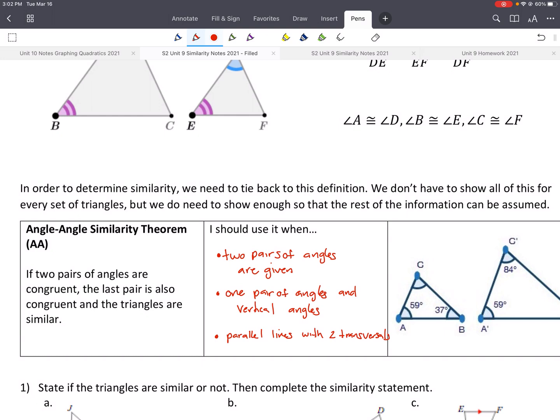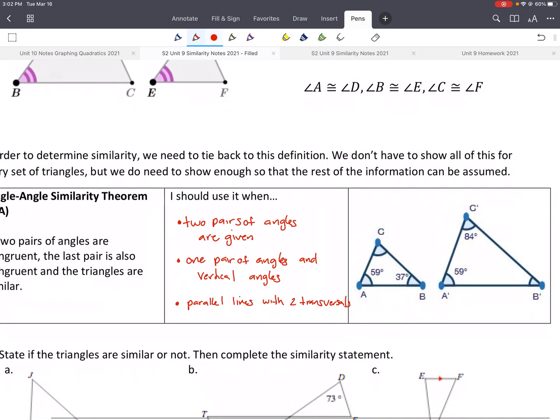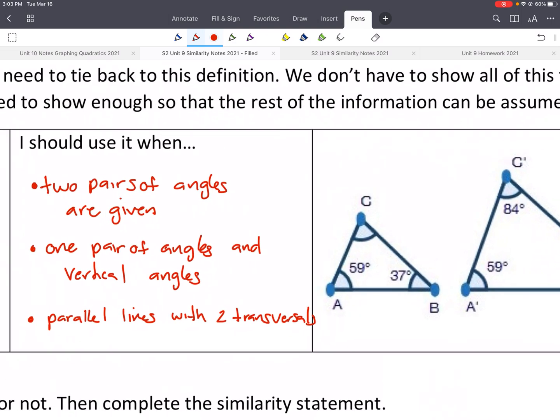Okay. When should we use that? We should use that if we have two pairs of angles that are given. So this is a great example where two of the angles for both of them are given. They don't both need to be the same, all right? Because if we know that triangles add up to give us 180, we could say, well, 180 minus 59 minus 37, okay?